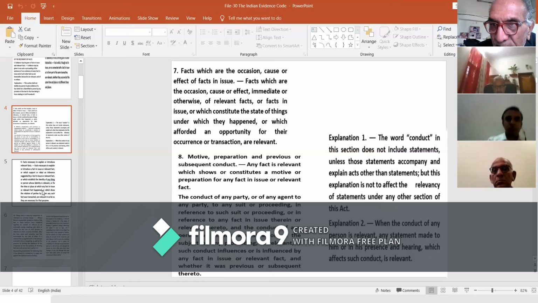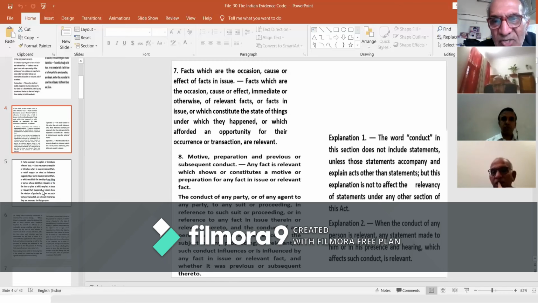That universal domain of Section 7 is a distinct universe, and Section 8 again is a distinct universe which has been conceived, which has been visualized, and which has been given the sanction, and it has a legislative seal. And so this is to play its effective role to reach at the justice.